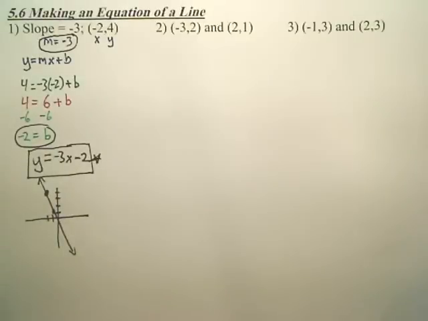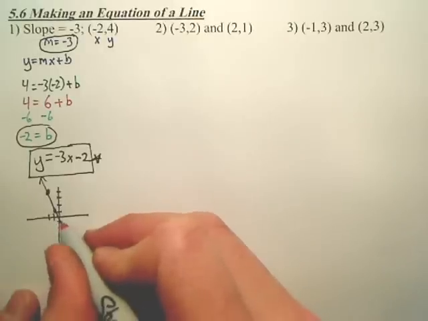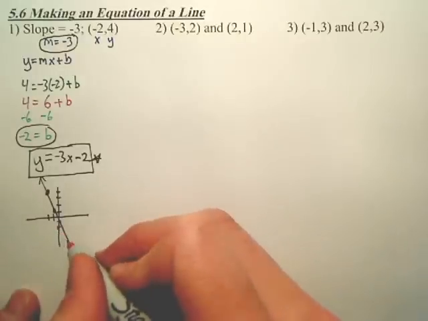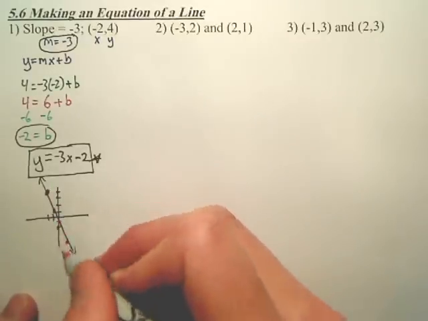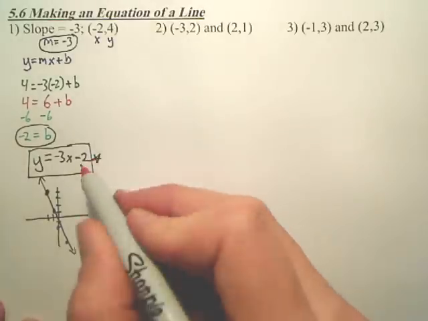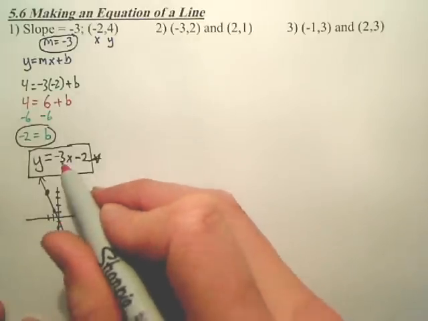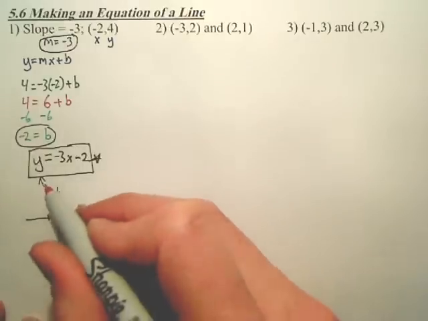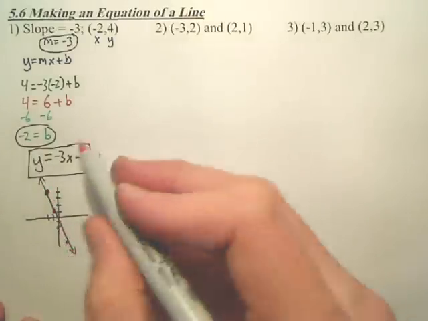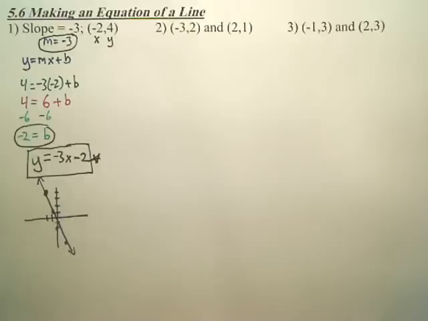Now, I didn't graph this very accurately, but does this look like it goes from -2 and goes down 3 over 1? Does that line look like it goes through the 2 red dots? Yes. So should this and this information line up? Yes.